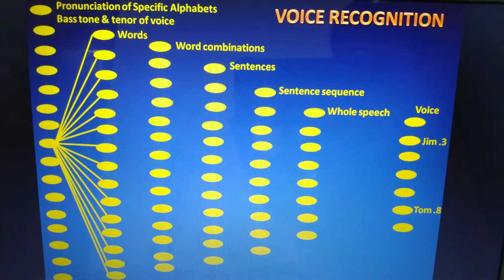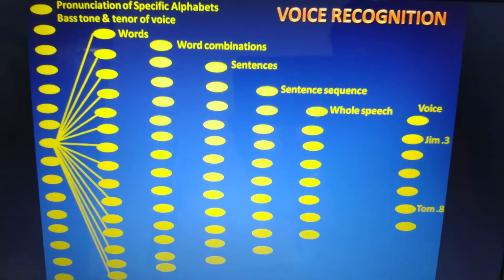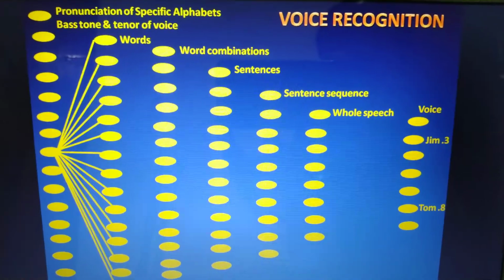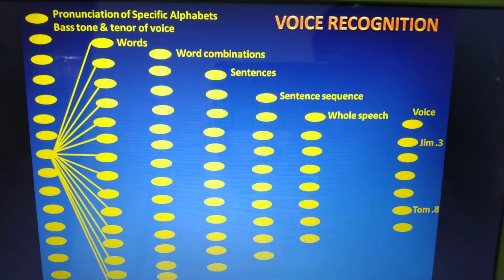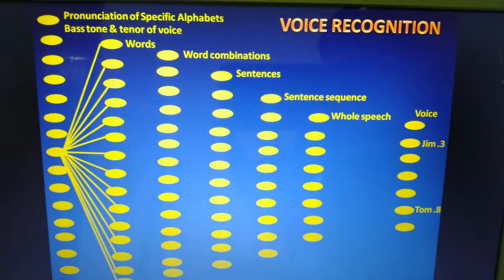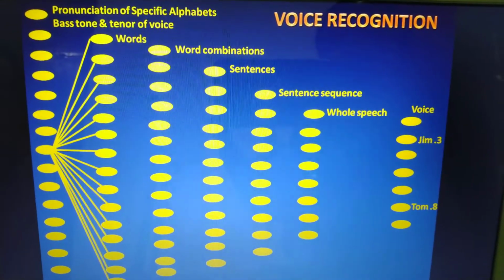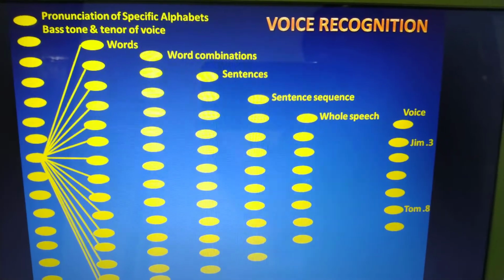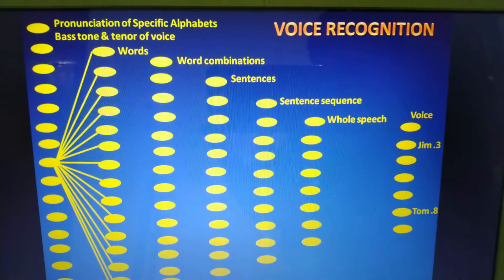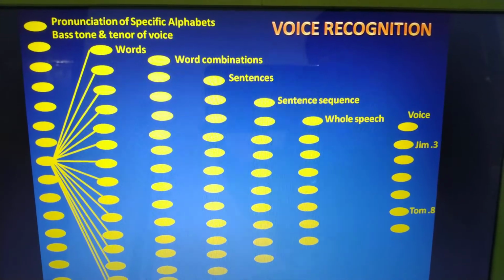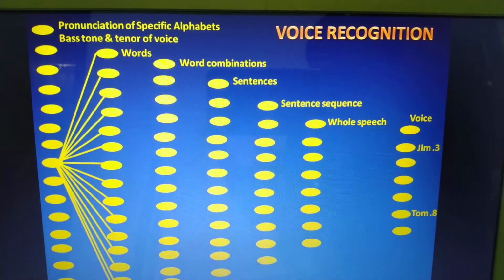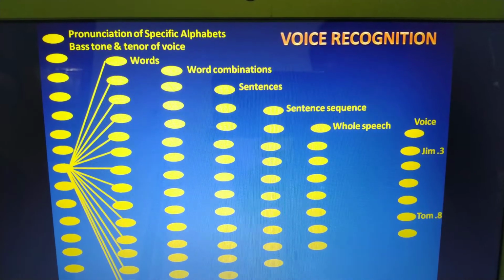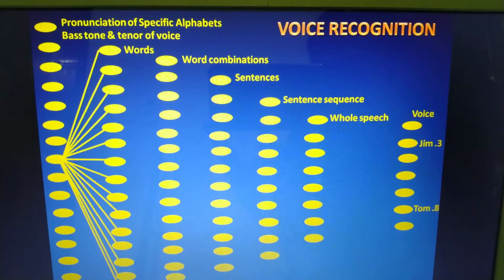Each neuron would have compiled 1/8 of it. So put together, you have the whole speech. And the output neurons check out how much it matches with Jim's voice and Tom's voice. Please note again, it has only 30% match with Jim's voice. So it is probably not Jim. But it has 80% with Tom's voice. So this voice belongs to Tom. So however much you try to disguise the voice, you are caught. This is the voice of Tom.